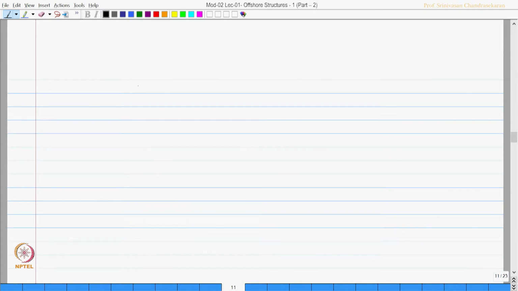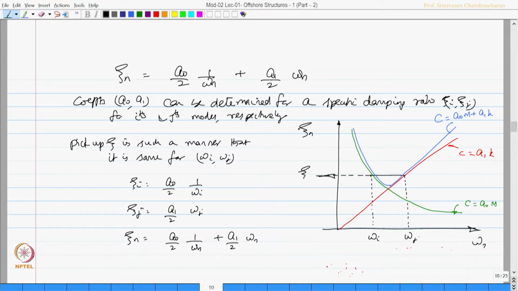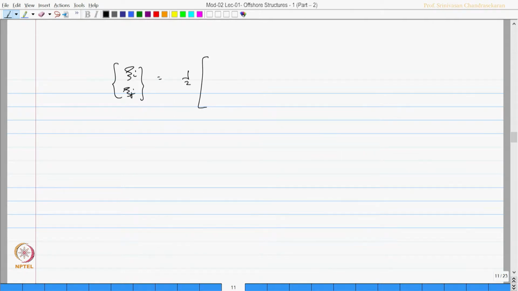So, I can now say zeta i, zeta j is actually equal to half of, I am expressing this relationship in a matrix form, 1 by omega i, 1 by omega j, of A0, A1.